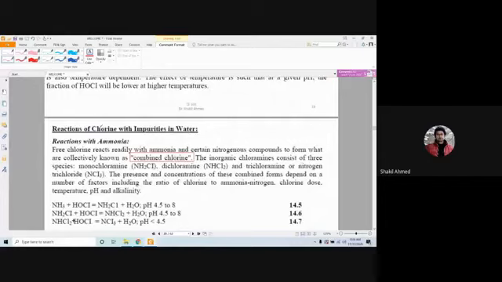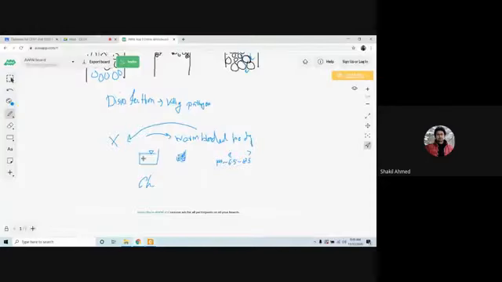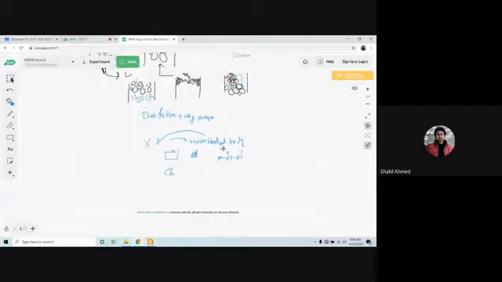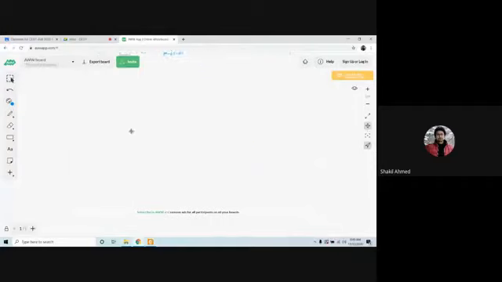Now, reactions of chlorine with impurities in water. Your water is entering the treatment system, and you are adding chlorine here, and your objective is to kill the pathogens, right?